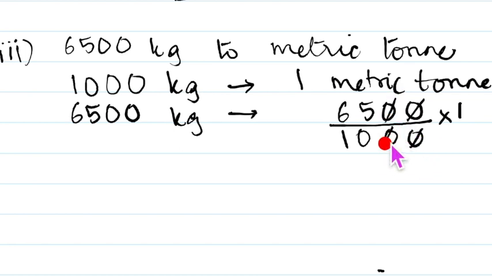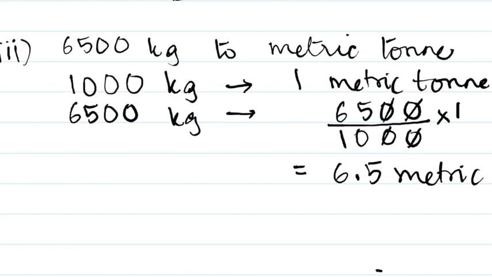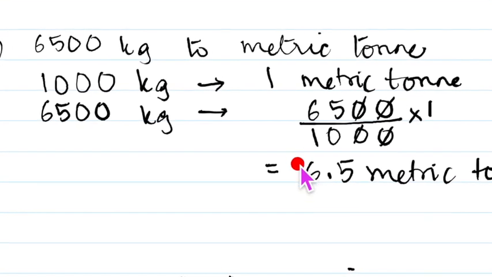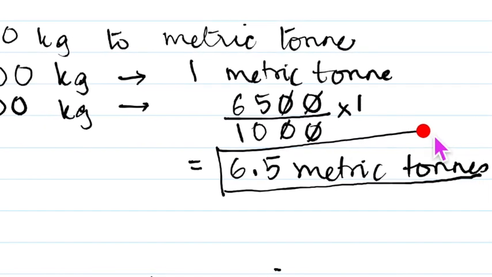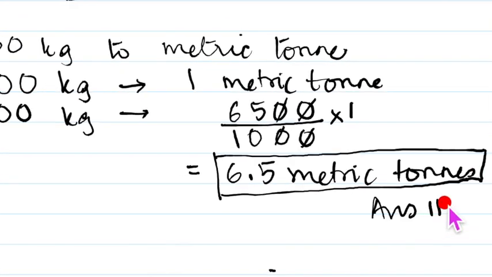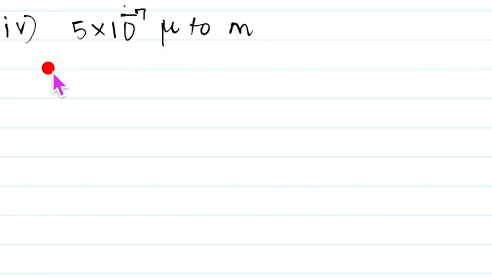Cancelling the 0, you will have this equal to 65 upon 10 means 6.5 metric tons. And that would be our answer 3. Let us come to the fourth subpart.